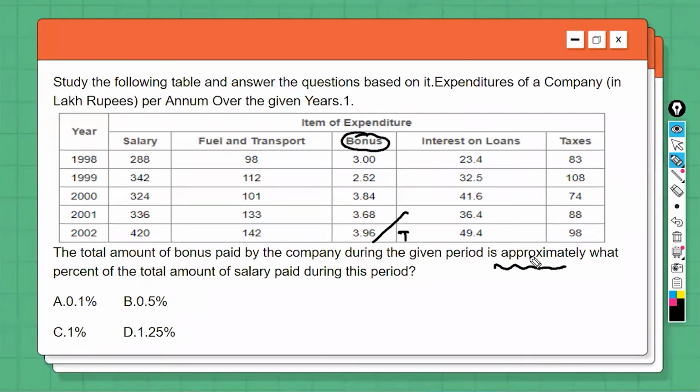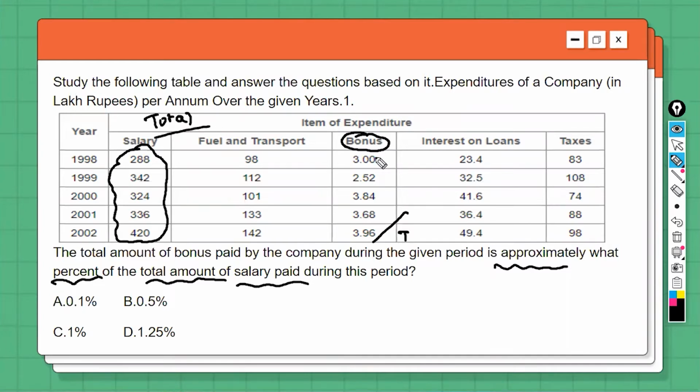We need not find the exact value. Approximately what percentage of the total amount is spent on salary. So this is the salary head, and we have to find the total of this one. So this bonus is what percentage of this total? Can you guys understand the question? If you can understand the question, type U in the chat box, guys.